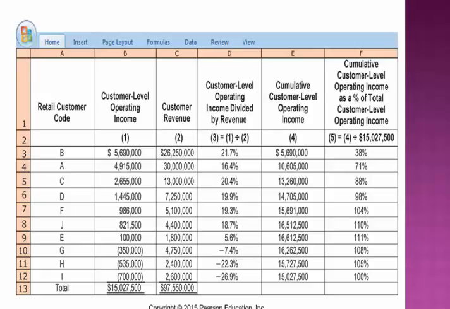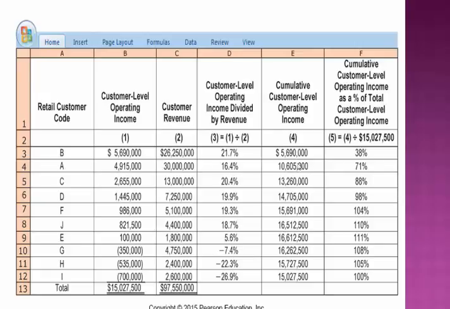Alright? When we take 10.605 and divide it by 15,027,500, we are basically stating we've got 71% of our operating income being generated based on just these two customers. We can continue doing this.